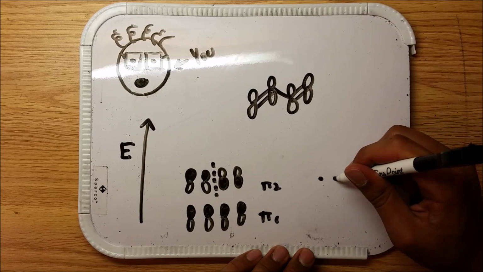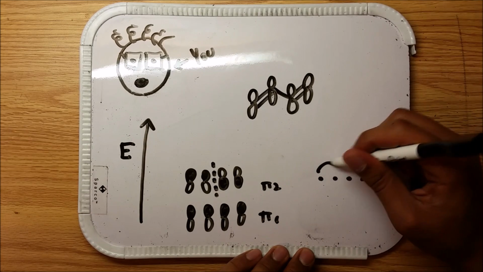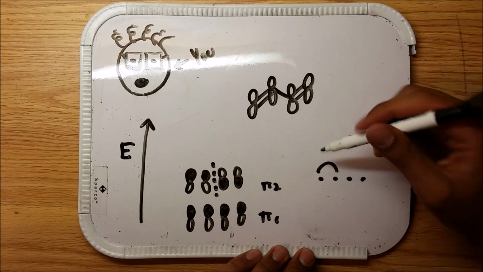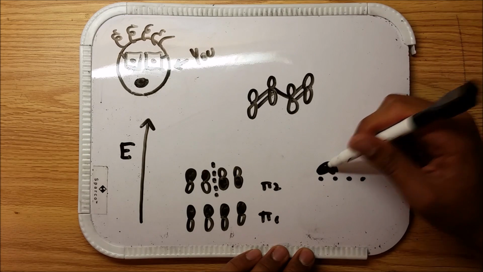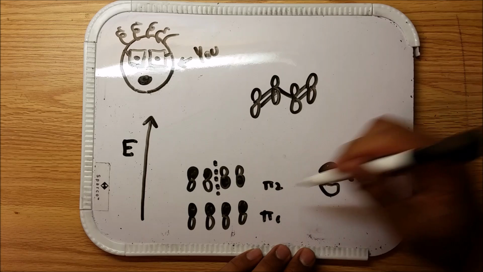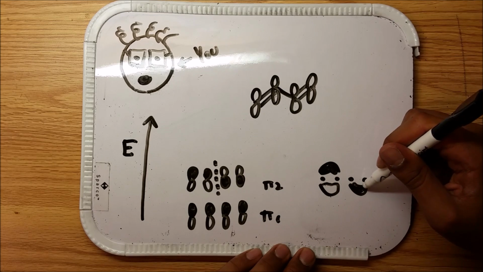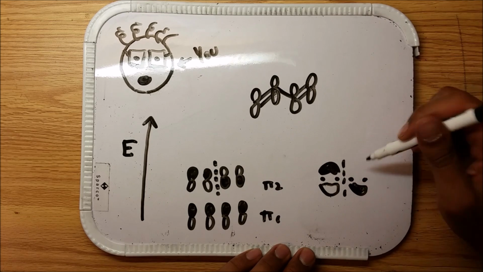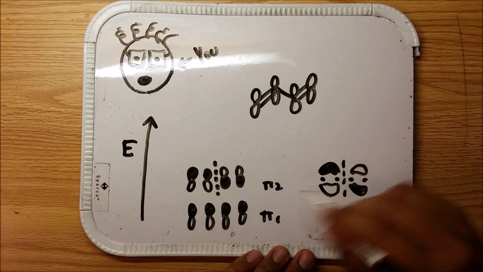Now to draw it out in the same way, you can imagine those lobes that face the same way will combine into bigger lobes. And the same for this bottom area. But where the node is, there is no electron density. That's how it looks in a line.